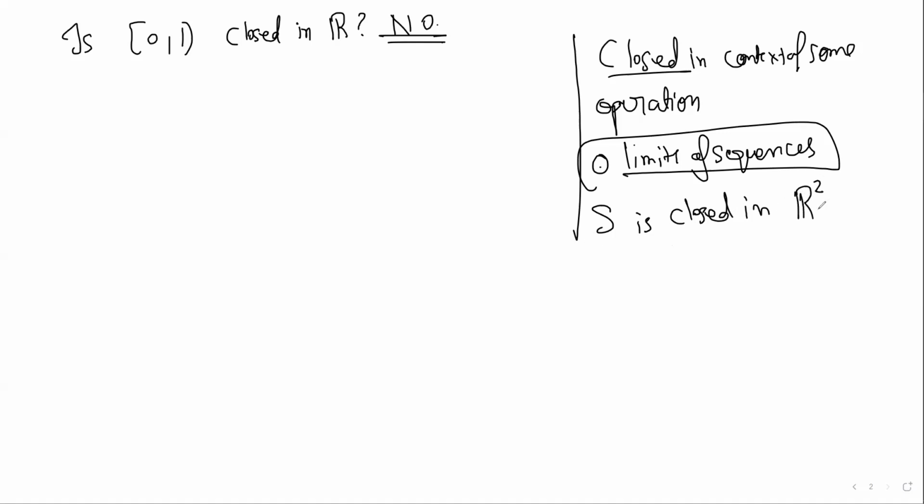S is closed in R2, okay, means any sequence in S, if it has a limit in R2, that limit is in S. Okay, so it is closed under the operation of taking limits. Okay, S has all its limit points.